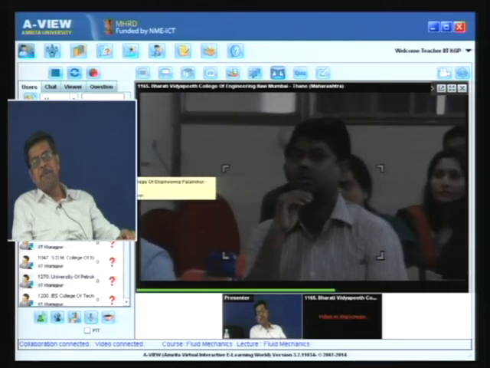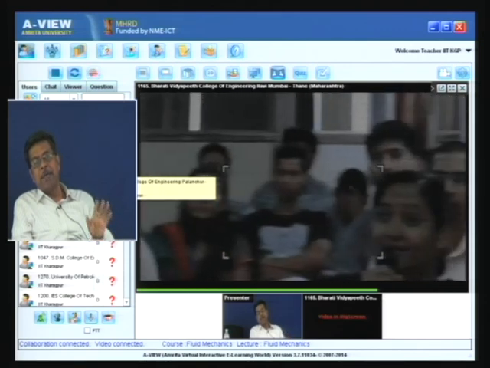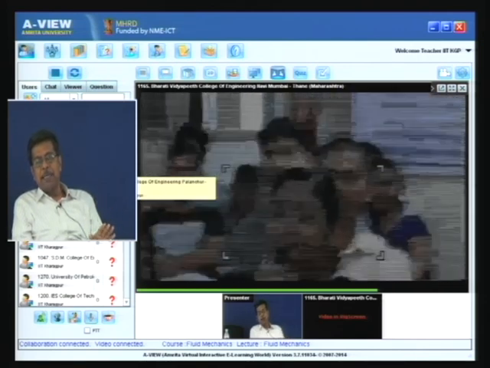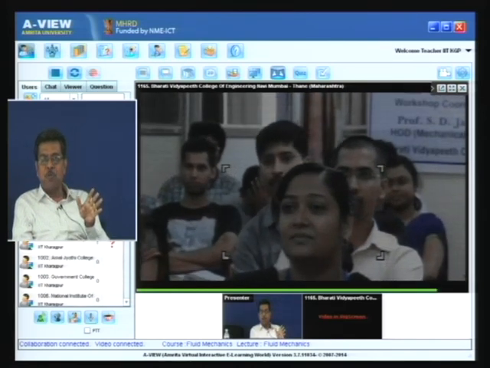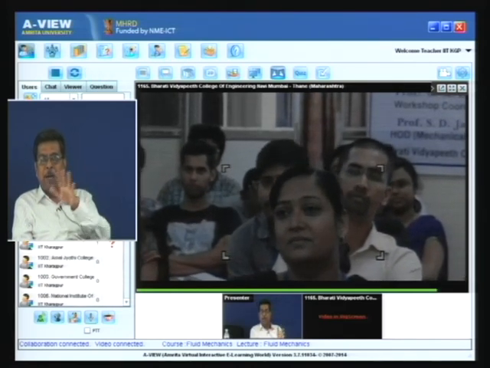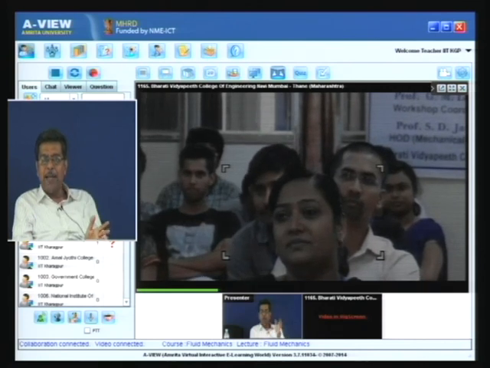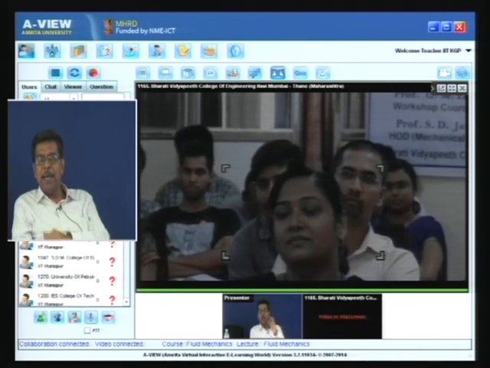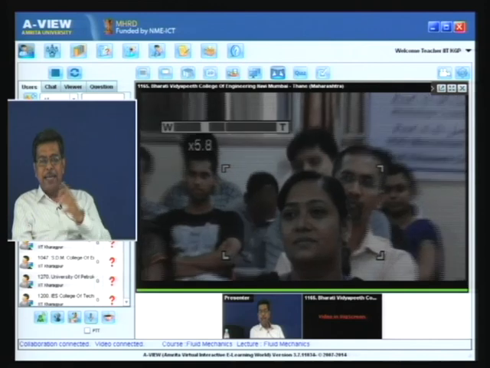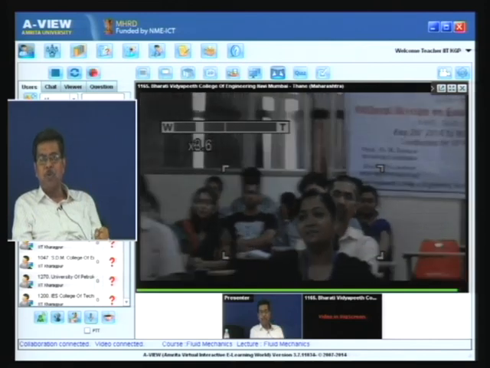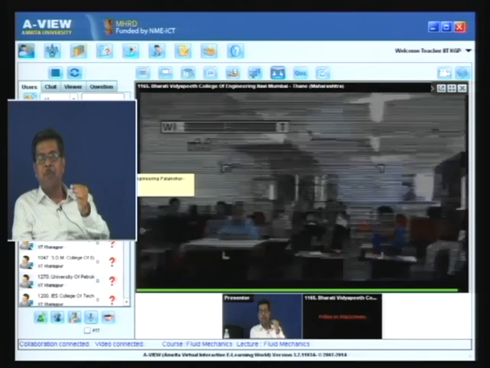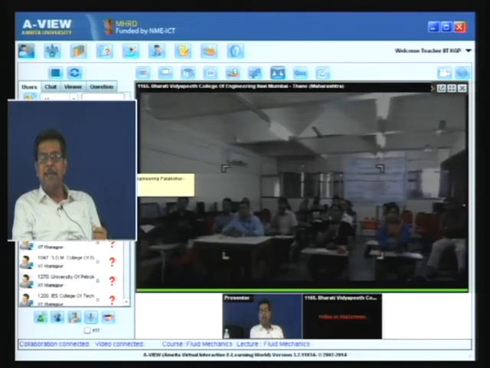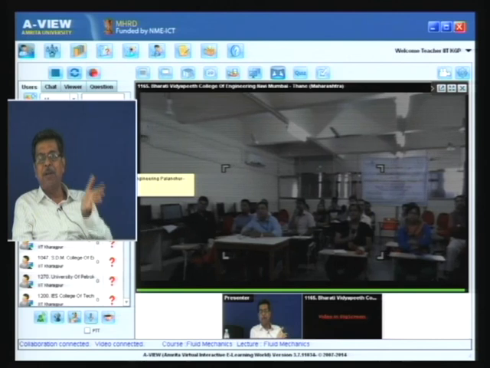Other method means I am telling the integral method of approach takes care of, as already explained by Professor Suman Chakraborty, the property integrated over a domain, integrated over an area. When we make a differential approach, we study the behavior from point to point. When we make an integrated approach, we study the behavior on an average.